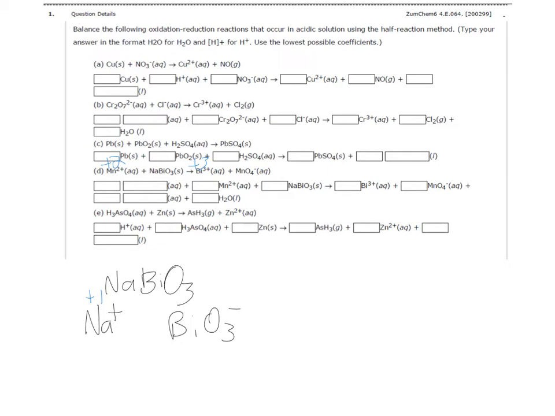Within BiO3 minus, we have oxygen, which is the more electronegative atom. It'll take a -2 charge. Bismuth will take whatever charge it needs so that when the oxidation states are added together, it'll match the overall charge for that species, which is a -1. Let's do a little bit of math here.